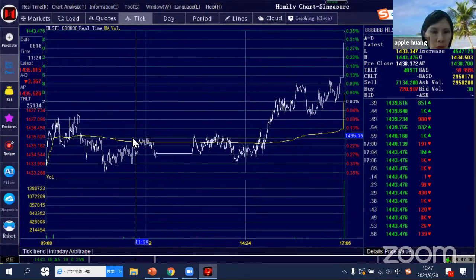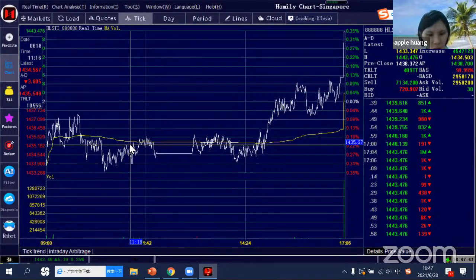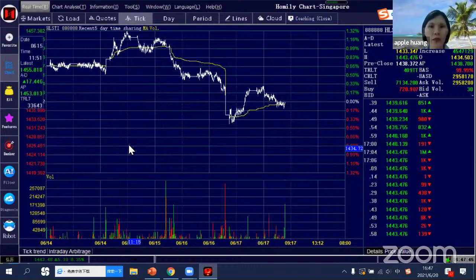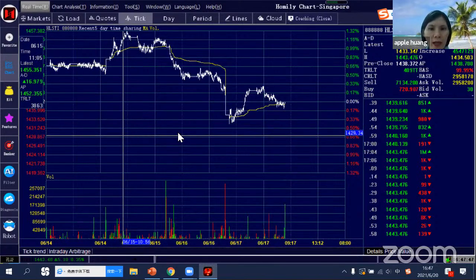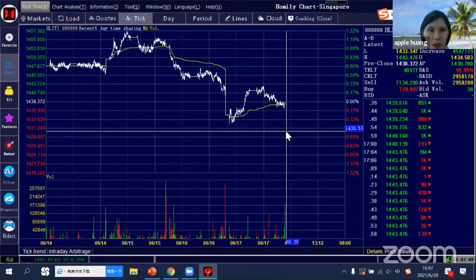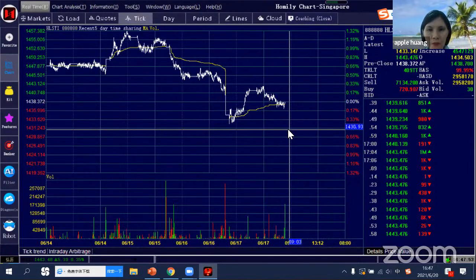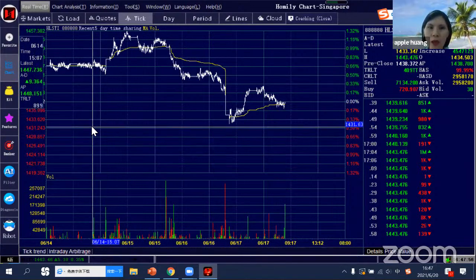Now if I press ALT plus 5, the last 5 trading days, trading details will show on the chart.